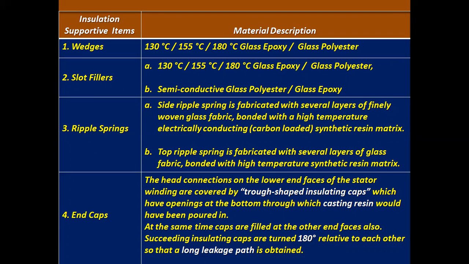Insulation supportive items and their material description. Wedges: 130 degrees centigrade, 155 degrees centigrade, or 180 degrees centigrade, glass epoxy or glass polyester type material.